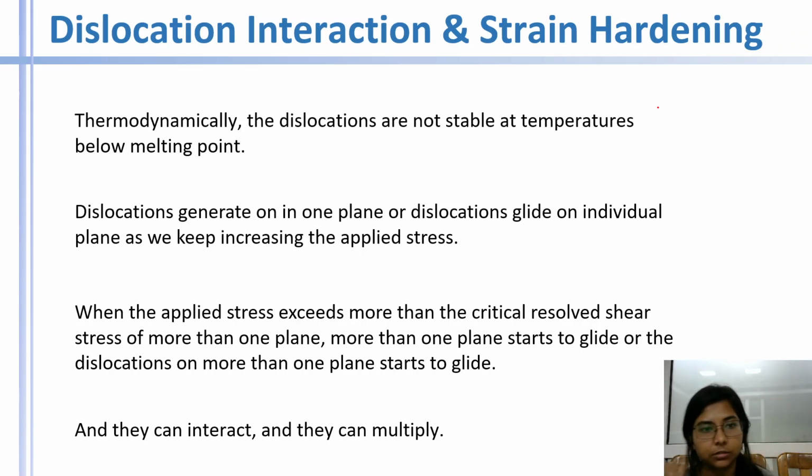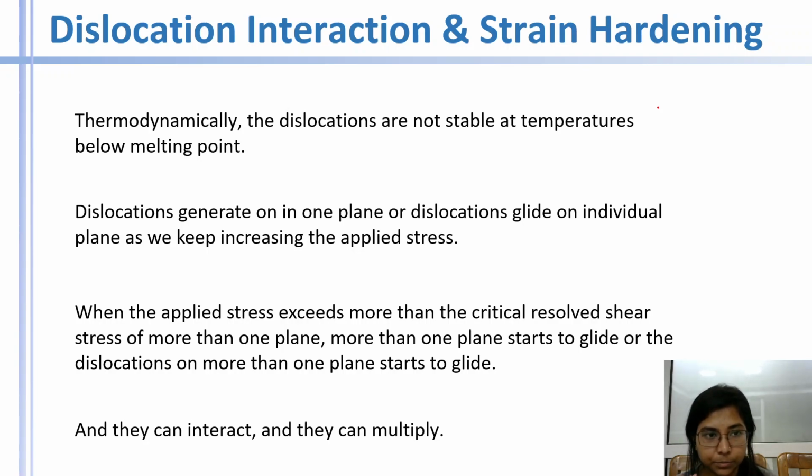So first thing is that dislocations are thermodynamically not stable at temperatures below the melting point, but we see that dislocations occur in plenty. This part we will cover next week, when we will learn about dislocation nucleation. There are various models to explain it, like homogeneous and heterogeneous.